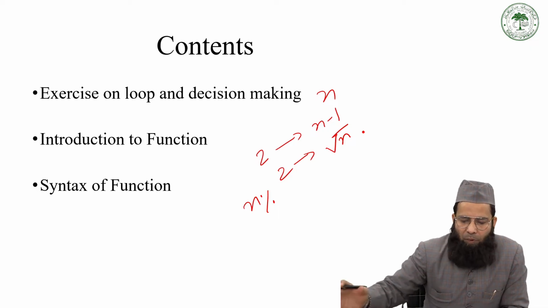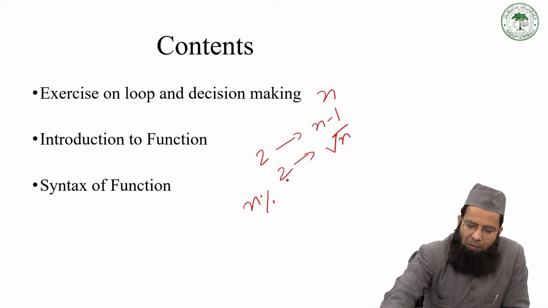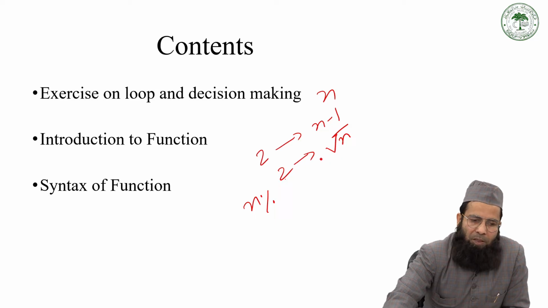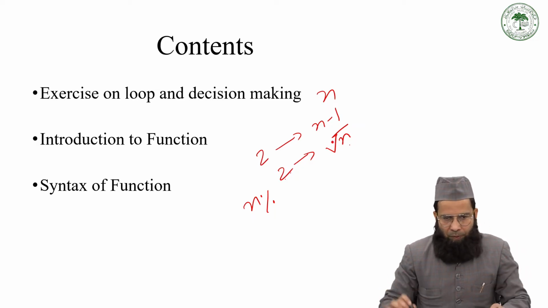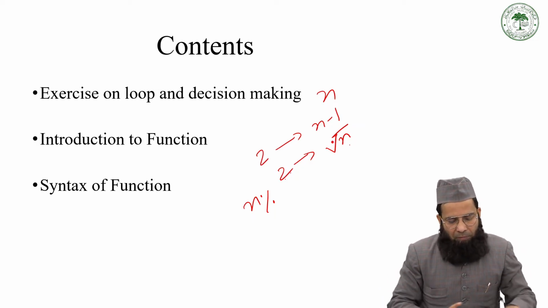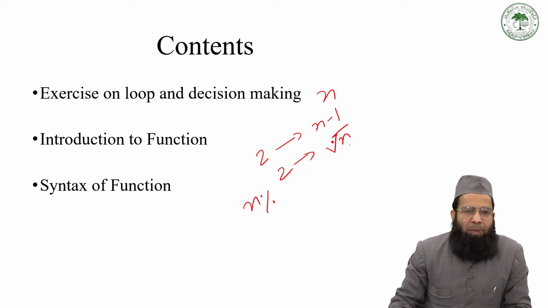It is already well proved that if a number is divisible by a number between 2 to square root of n, then that number is not a prime number. Similarly, if a number is not divisible by any number between 2 to square root of n, it means that number is a prime number. So by giving this background, now we will start to write Python code.